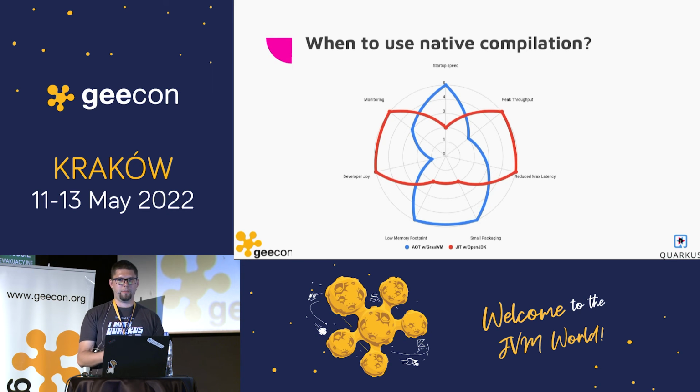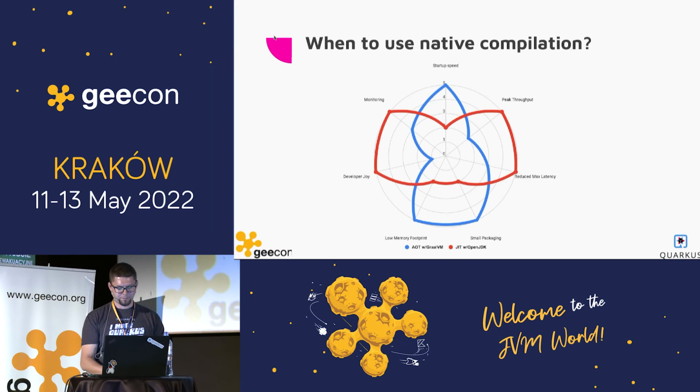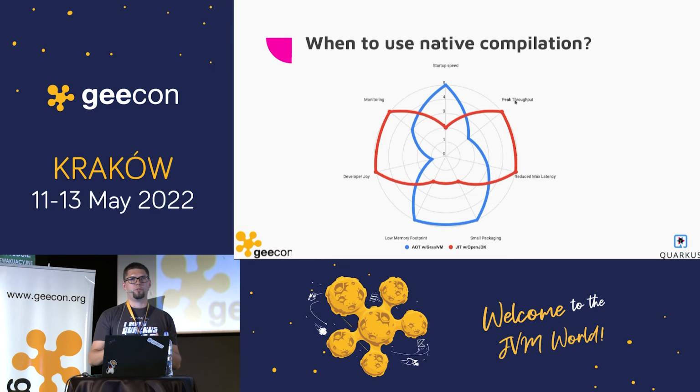So I said a bit about this native image, and I think it seems great. It starts very fast. It uses a really tiny amount of memory. So the natural question is, are there any drawbacks? One drawback is obviously the compilation time. It just compiled, and it took a few minutes on a simple project, right? But there are also a few other places where the JVM works better. For example, if you care about peak throughput from a node, then the JVM would work better.